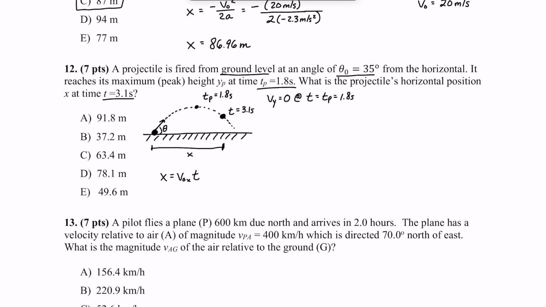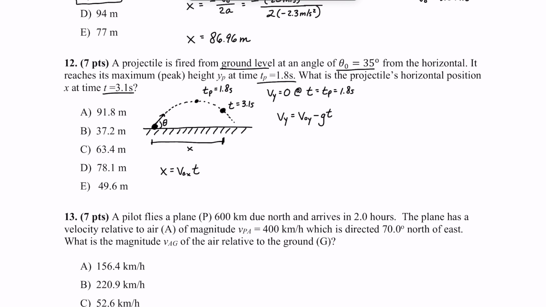Going to our kinematic equations, one of them says that y velocity is equal to initial y velocity plus at, but we know that the acceleration here is due to gravity, so we can plug in negative g for a, and so our equation looks like this. We also know that initial y velocity can be written as total initial velocity times sine theta, and we're given theta, so that's good.